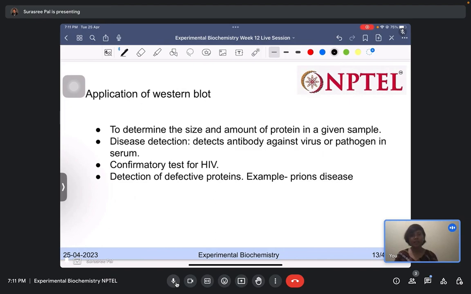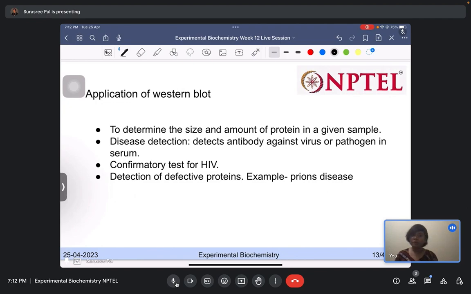And if we collect our blood serum and do a Western blot experiment on that, and we detect the antibody with another antibody which is specific to that particular antibody, then we will be able to observe whether the antibody against the virus or the pathogen is present in our blood serum or not.